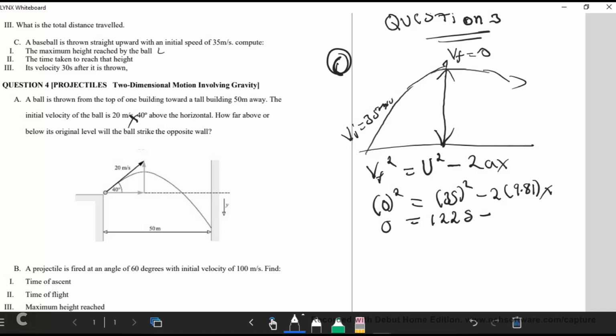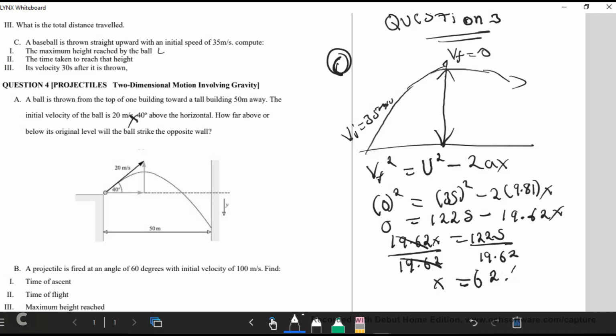2 times 9.81 is 19.62x. Then this one goes to the other side: 19.62x is equal to 25. So x is 25 divided by 19.62, and it will give you 1.27 meters.